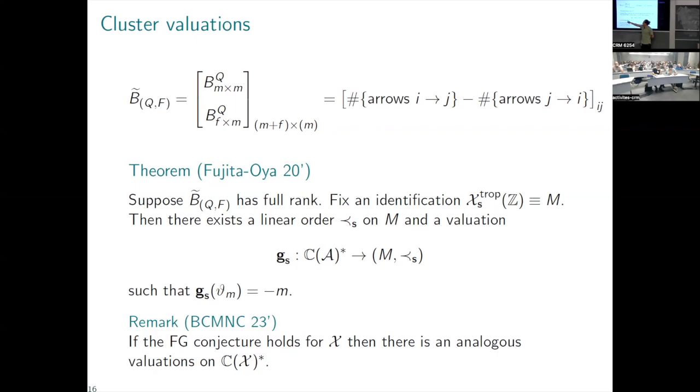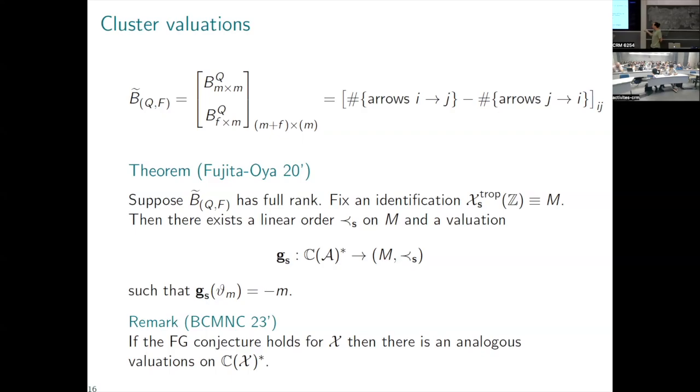For a theta function parameterized by the point m, the valuation is minus m. Some experts might be a little shocked by this sign. It's because I'm working with the min tropical space and not the max tropical space. Anyway, there's a nice set of valuations constructed using the cluster structure.